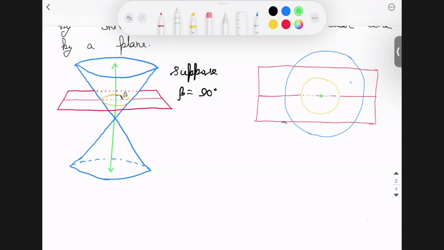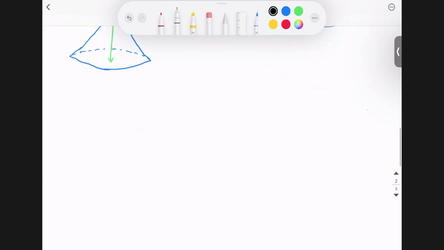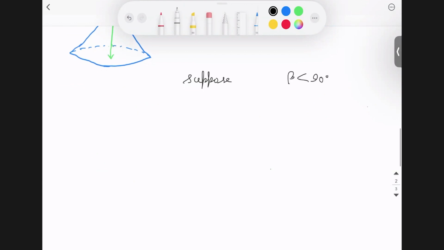Okay. Now, what if beta is less than 90 degrees but greater than alpha? In that case, again, draw the picture.